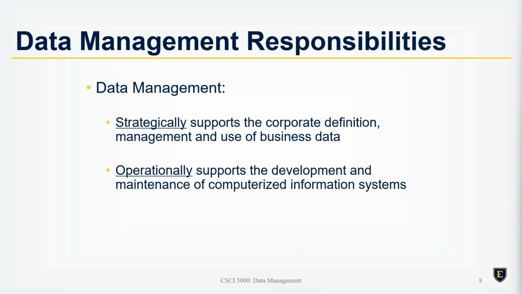And then operationally, that is support from the information systems and information technology teams so that they can actually implement that data management plan. So it's a twofold system. You have to have corporate administration as well as your operational support in the IT and IS areas.